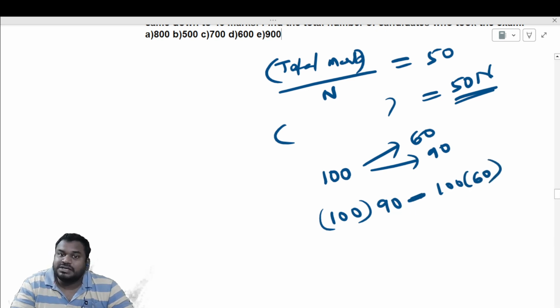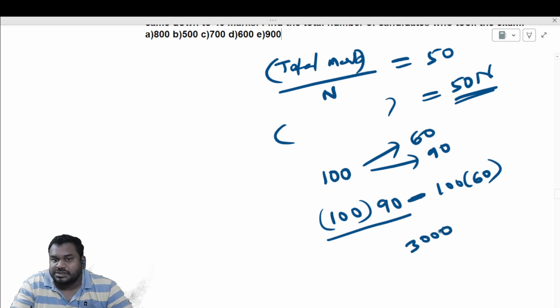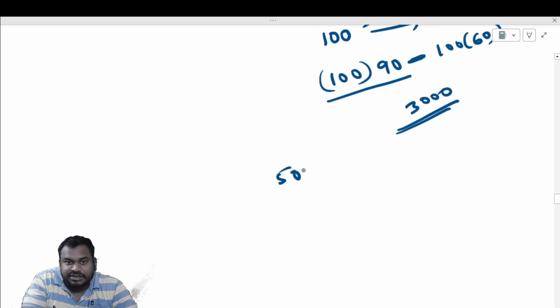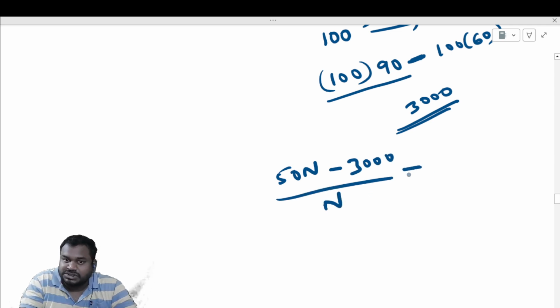So that extra is nothing but 9,000 minus 6,000, which is 3,000. 3,000 are the extra marks, and they should be subtracted from the total marks. So total marks is 50N minus 3,000, divided by the total number of students N, which doesn't change. So it is equal to 45.